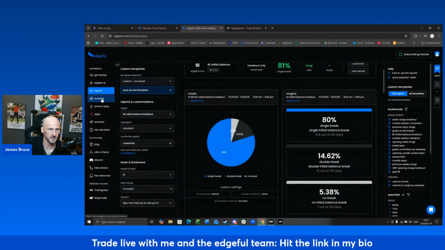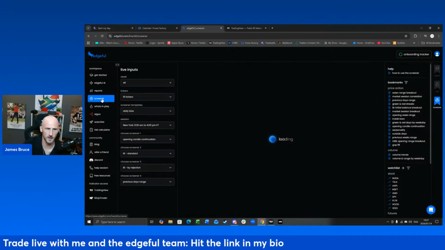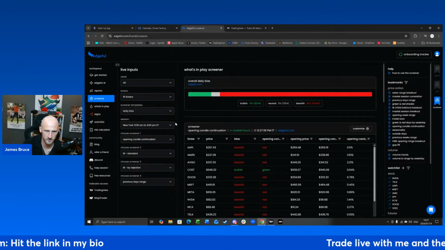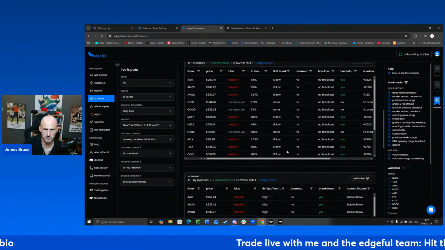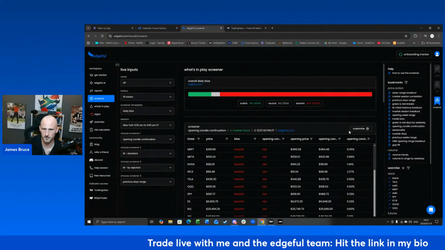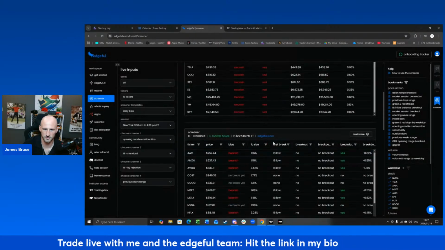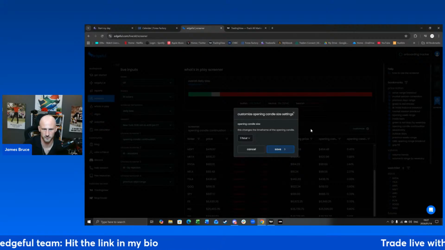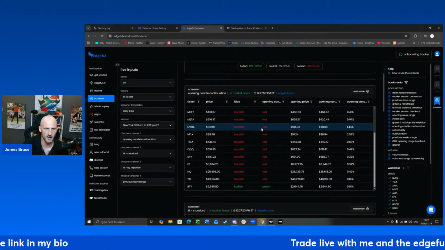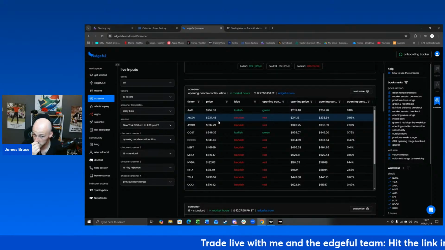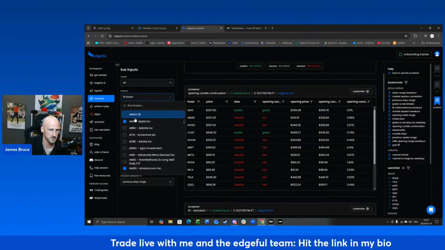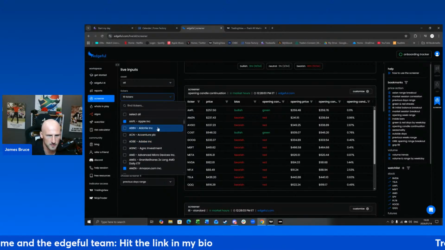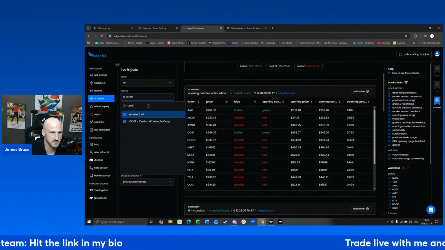Again, the thing I love using on edgeful when I am in my trading hours is the screener, especially after the first hour. You can customize this to the first hour or 30 minutes. Or see, they've even changed that now. It was at the bottom. I normally have it on for the first hour. But look at that, this is 16 tickers, you can actually take off, like, let's take that off, Costco.